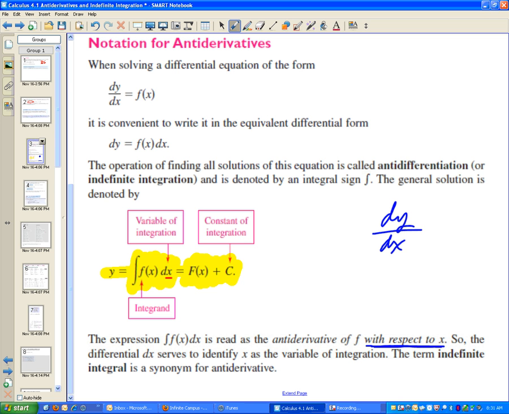If it was the integral of f of t dt, that would be the antiderivative with respect to t. I'm not going to make you say that every time because I don't want to say it every time. Nobody says it every time. But you've got to know the variable matters. All right, you still hanging in there?